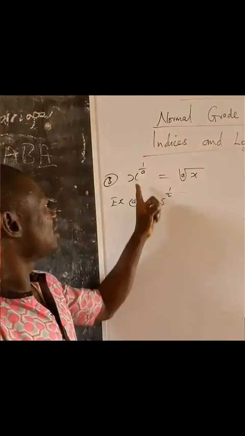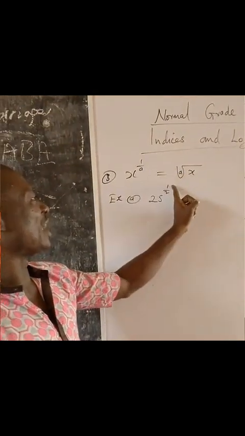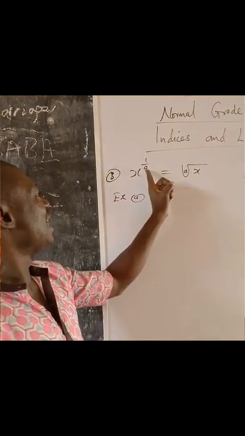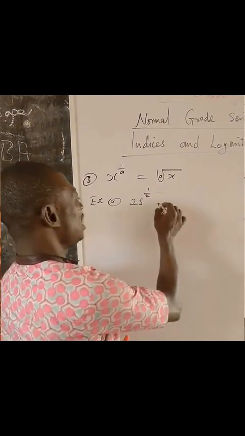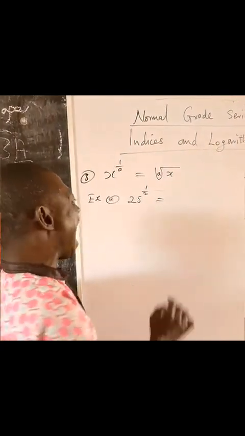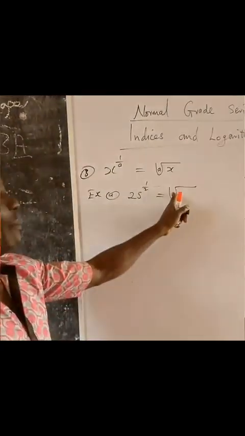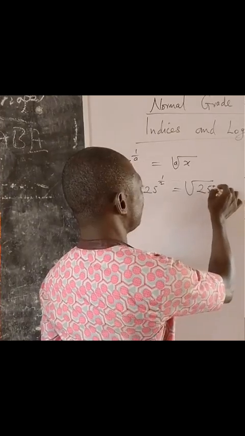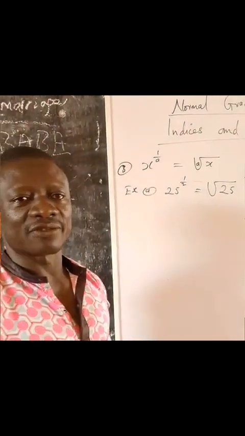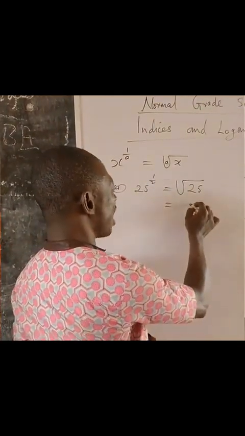The step is that x is 25, 1 here is equal to 1 here, and a is 2. Meaning that we are going to say that this will give us something as square root. The 2 in square root is here, but it's not often written. So it's going to be square root of 25. Do we know what the square root of 25 is? Square root of 25 is going to be 5.